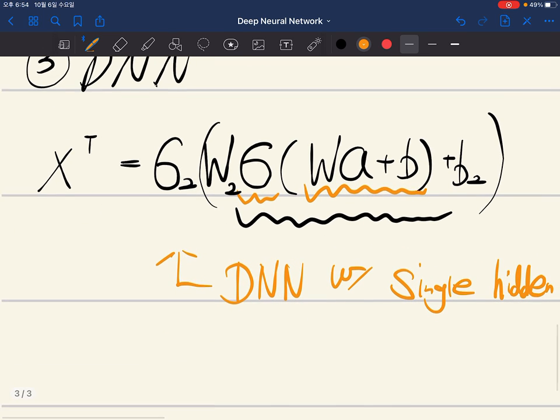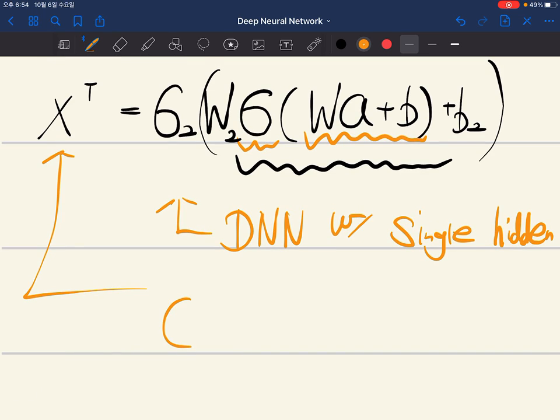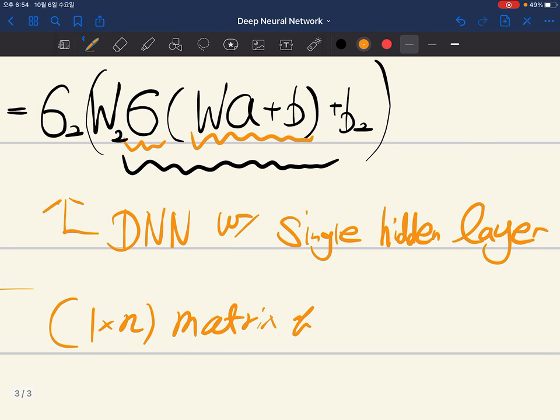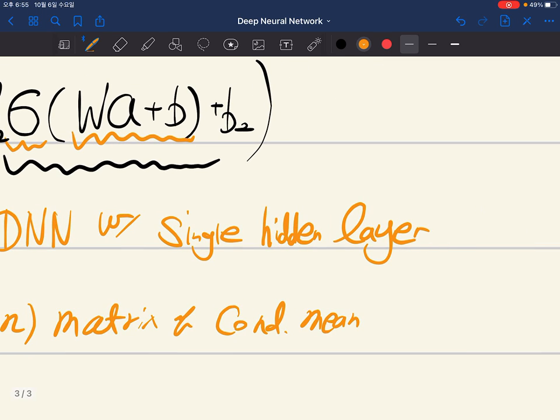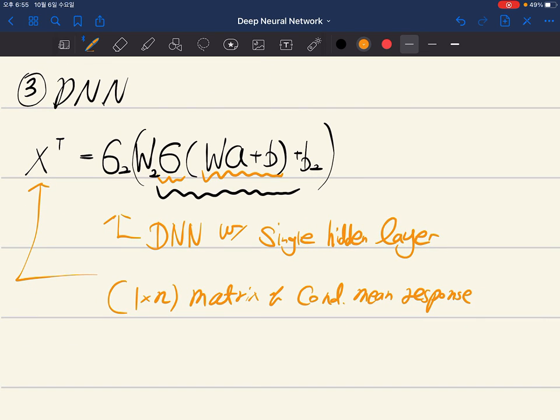Let's think of this X transpose matrix as again a 1 by n matrix of the conditional mean of the univariate response variable. Then using the deep neural network structure, which is obviously nonlinear, we're modeling the conditional mean.